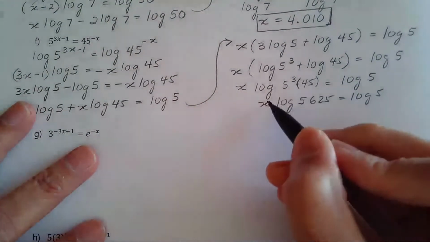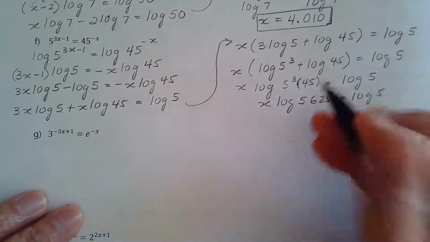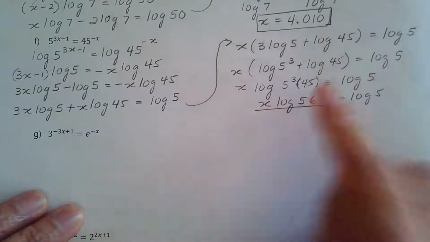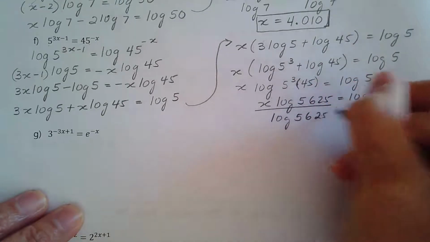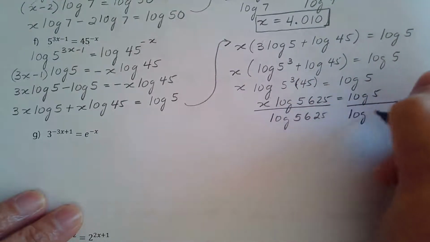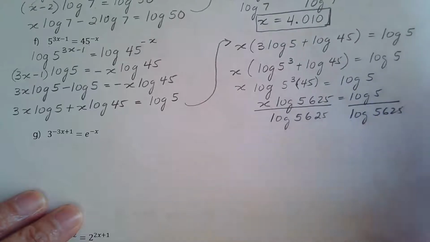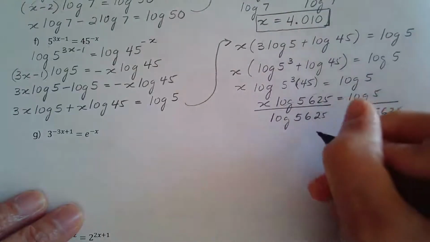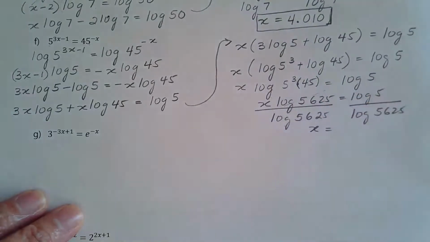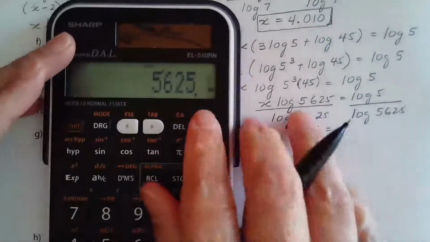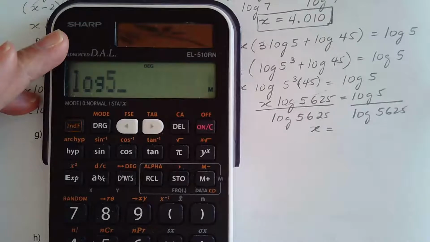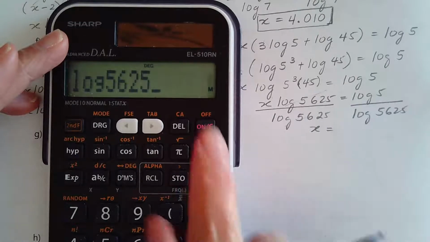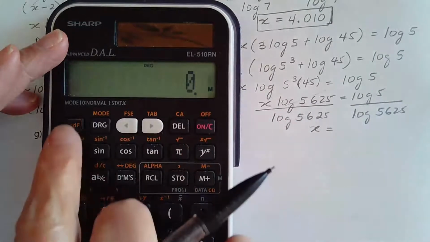Now I think we're ready. Divide by that, log of 5,625. Log of 5,625 cancels, so we're left with x is equal to, oops, gotta try that again.